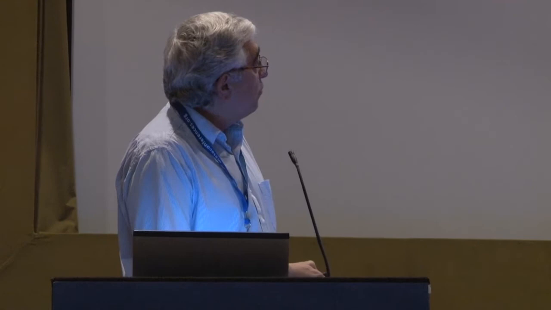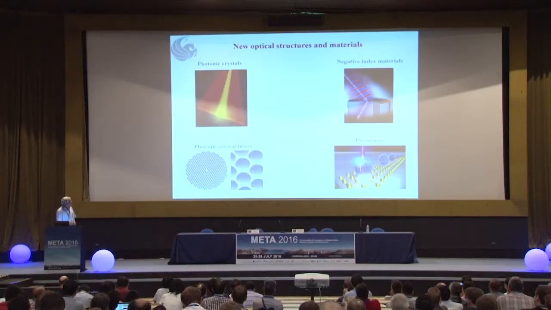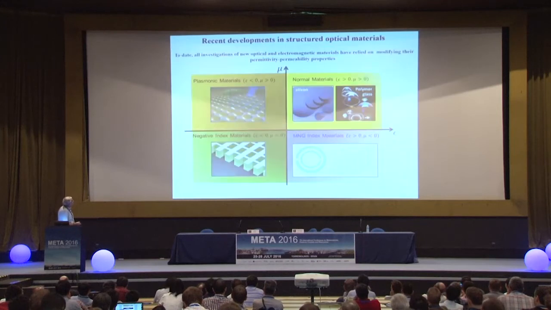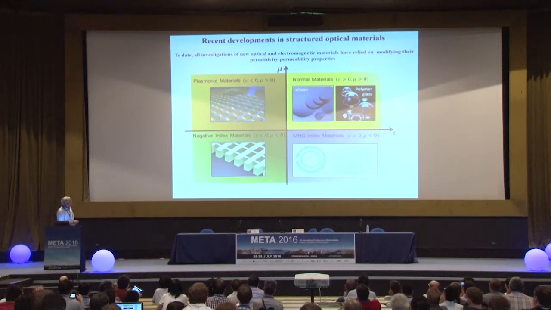Following the 90s, we have seen the emergence of negative index materials, and plasmonics for that matter. If you would like to overview these activities, it's best to see them in quadrants that involve the permittivity and permeability. When we're dealing with this particular quadrant, where the two quantities are positive, these are normal materials such as silicon, polymers, glass, and so on.